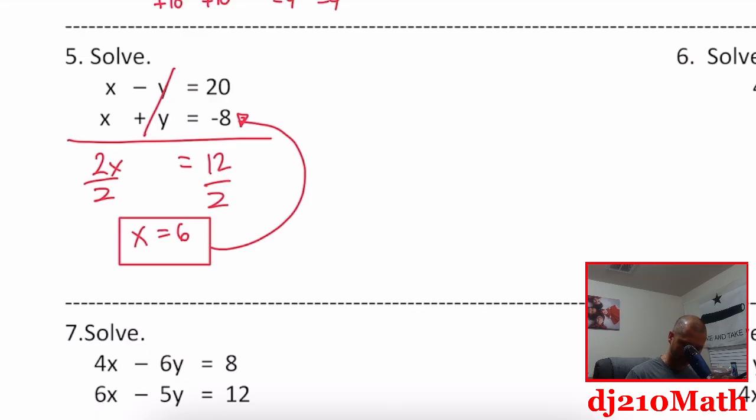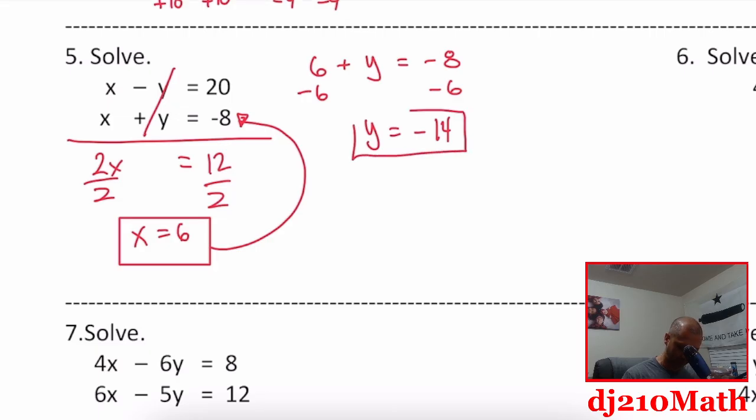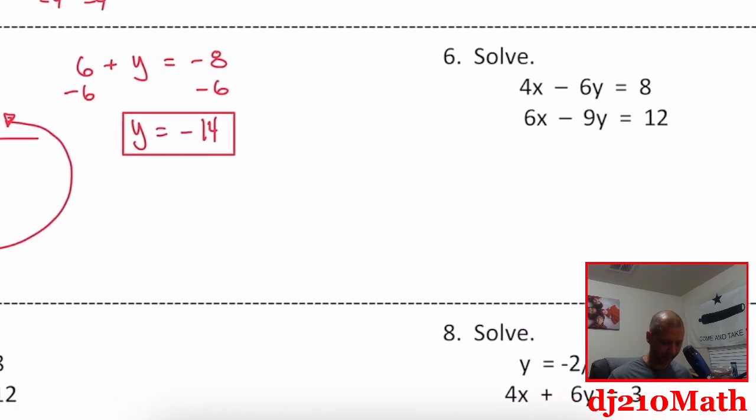So 6 plus y is equal to negative 8. Minus 6 minus 6. Y is equal to negative 14. 8 and 6, 14. Negative 14.